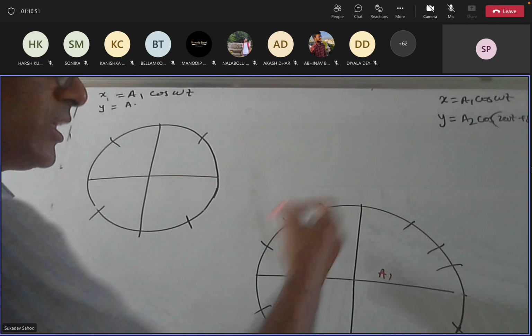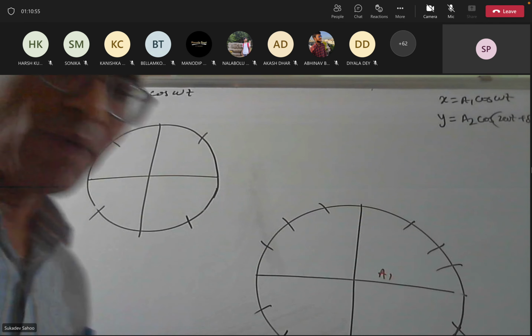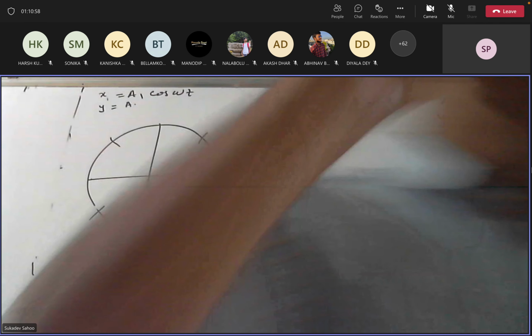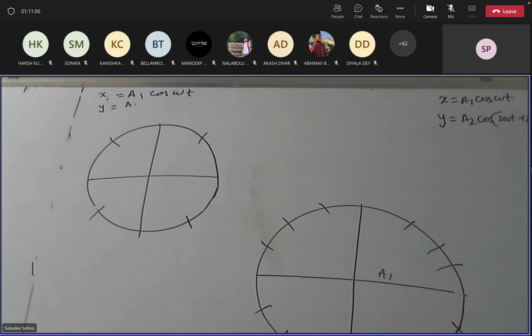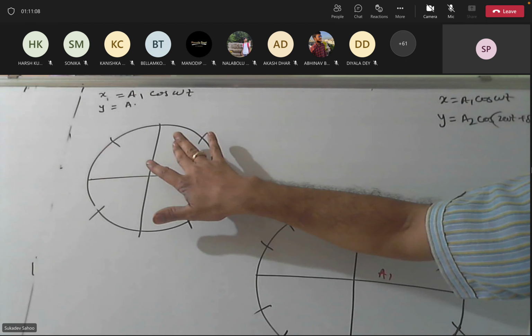I have divided this circle into 8 parts and this circle into 16 parts. Why? Again, you see what we have taken. We have taken two SHMs having frequency ratio 1:2. That means the frequency of this one is 1, the frequency of this one is 2.